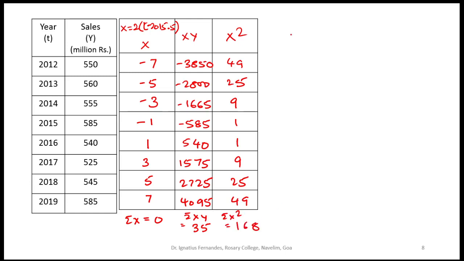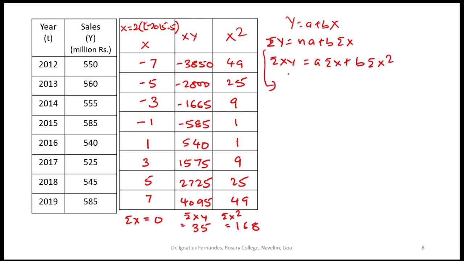So let us go to the equation. Y is equal to a plus bx is the equation of the line that we are looking at. With the normal equations, summation y is equal to n times a plus b summation x, and summation xy is equal to a summation x plus b summation x square.